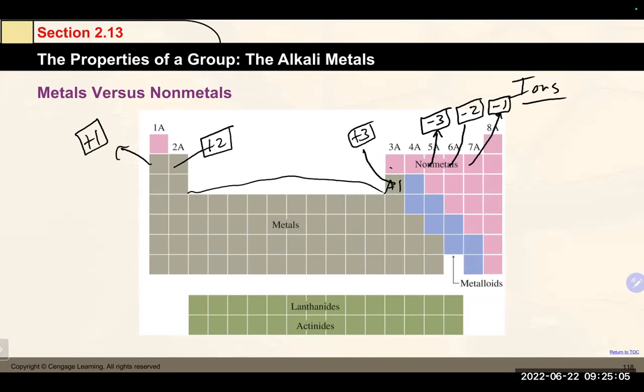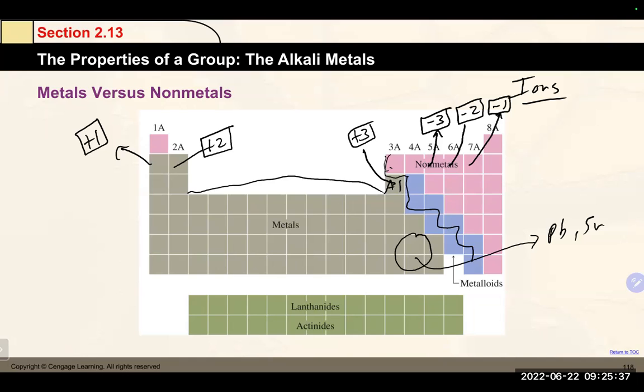Even some of the ones down here, which typically are not transition metals, but where you find things like lead and tin, can also have variable charges. And remember that we have the staircase coming through here. Above the staircase are non-metals in some of these groups, but below the staircase are still metals. So you have positive and negative elements in the same group on the periodic table.